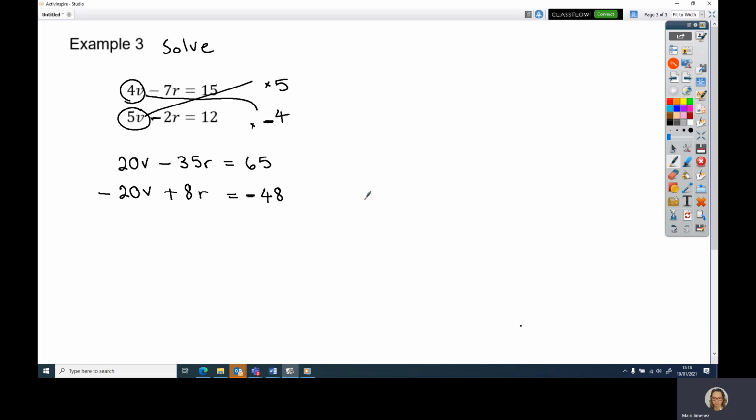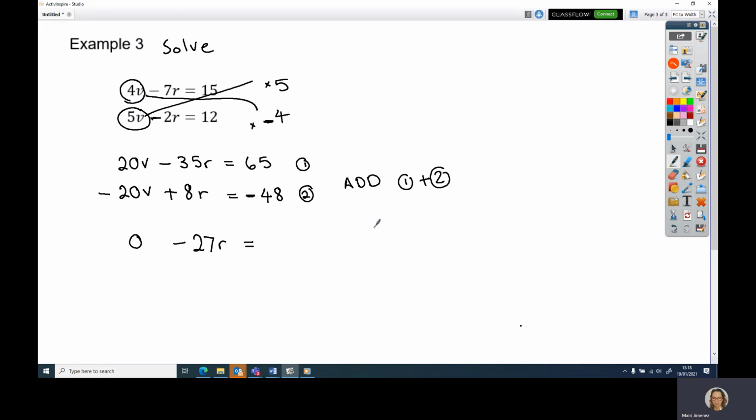Now, because I've got 20V and -20V, I can just add the equations. So add equation 1 and 2. I'll write down that's what I'm doing. Underneath, 20V add -20V is 0. Then -35R add 8R is -27R.